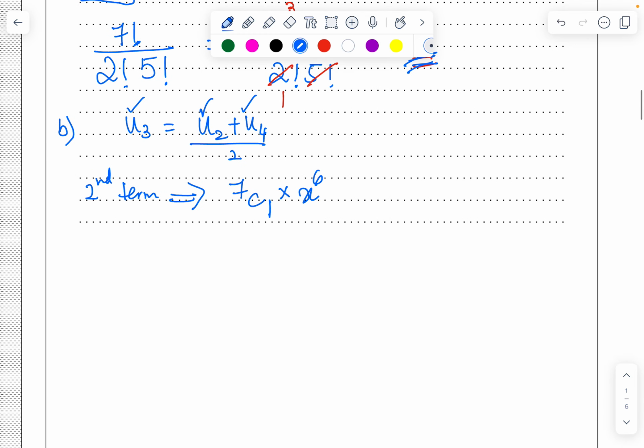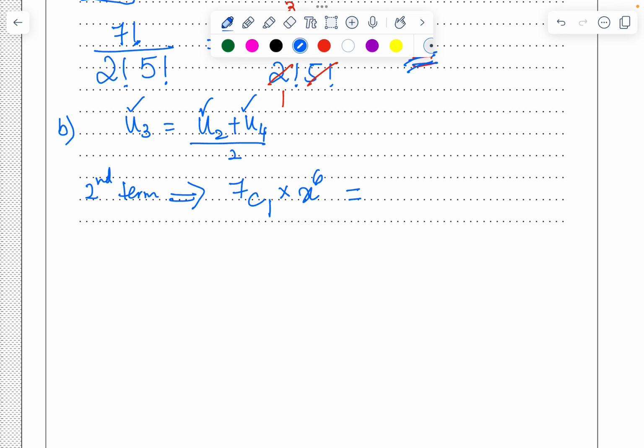So I'm only taking the first term of the expansion. So 7C1 is 7 and x to the power of 6. And the third term, let us find in order. How do I find the third term? 7C2 times x to the power of, if r is 2, remember, you have to relate everything. If r is 2, the a is going to be 7 minus 2, which is 5.